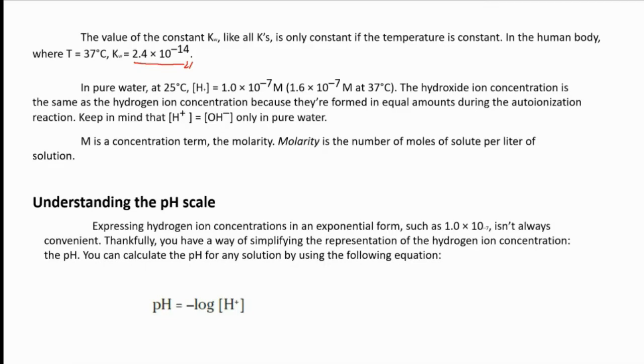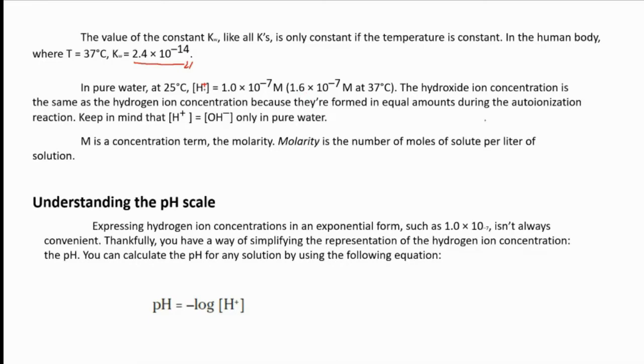Tumaas, di ba? Ayan. So, in pure water at 25 degrees, H plus is equal to 1 times 10 raised to negative 7 molar. So, at the normal body temperature, bumaba ulit, naging 1.6.